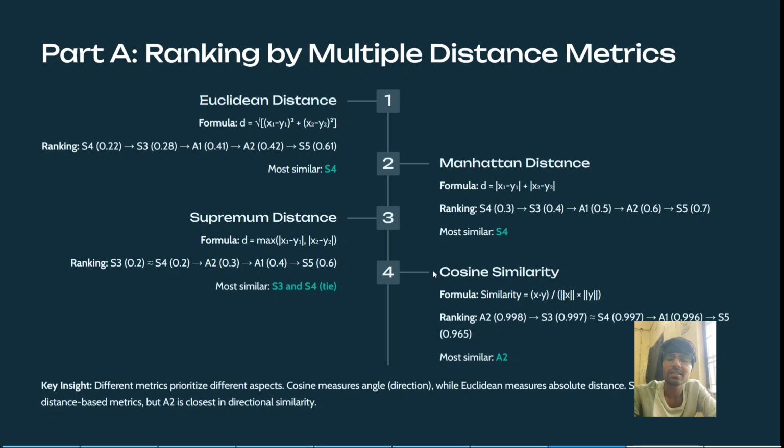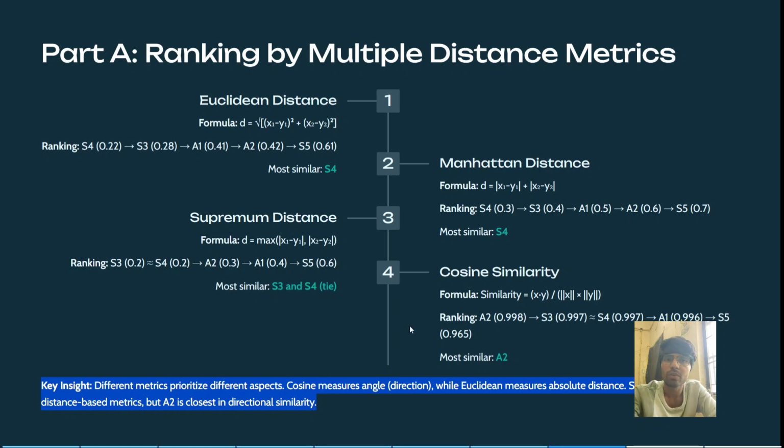Finally, cosine similarity. This requires a bit more calculation. We need to compute dot products and vector magnitudes. For our query, x equals (1.4, 1.6). The magnitude is the square root of 1.96 plus 2.56, which is 2.13.